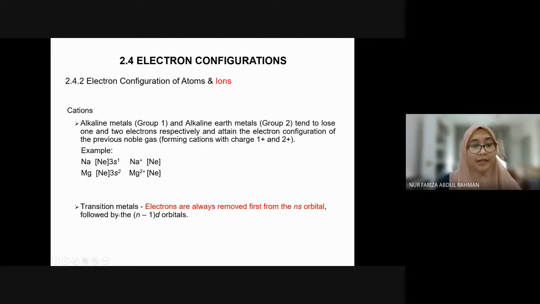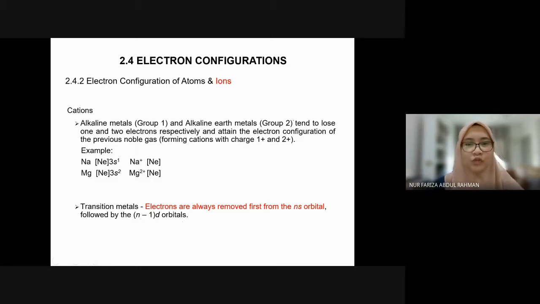Transition metal, lagi sekali transition metal. This sikit special dekat situ sebab takut ada confusion. For transition metal, electrons are always removed first from the ns orbital and then followed by the n-1 d orbital.